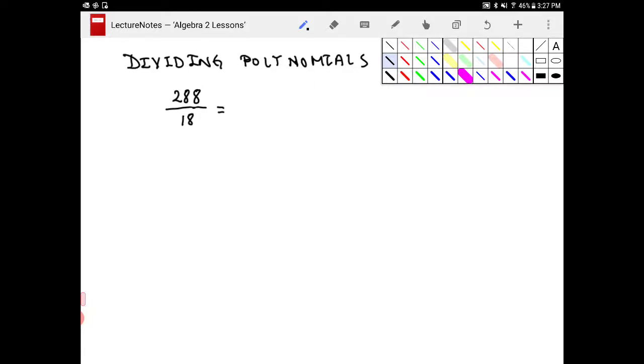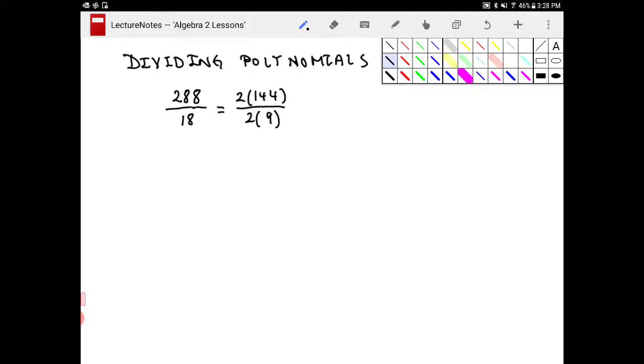Immediately looking at this, I noticed that 288 and 18 are both even numbers, and therefore both divisible by 2. So this is going to reduce to 144, and this is going to reduce to 2 times 144 over 2 times 9.